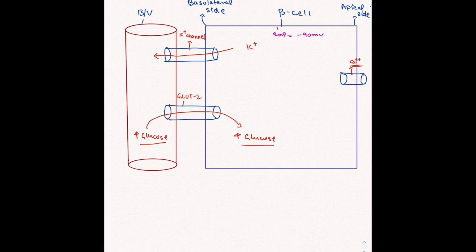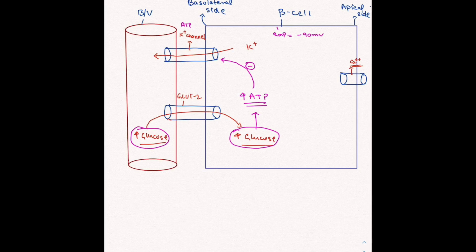So when there is an increase of glucose, GLUT2 will pull this glucose into the cell, and this glucose will get metabolized and lead to more ATP production, and this ATP will inhibit this potassium channel. That's why we call it ATP sensitive potassium channel, because it depends upon the ATP level.